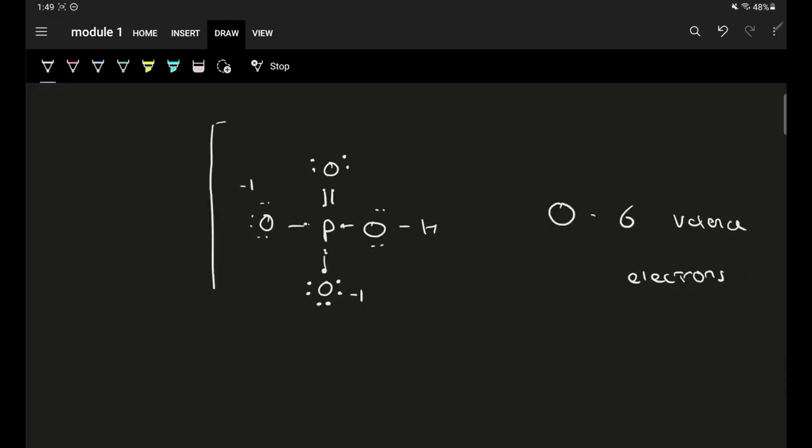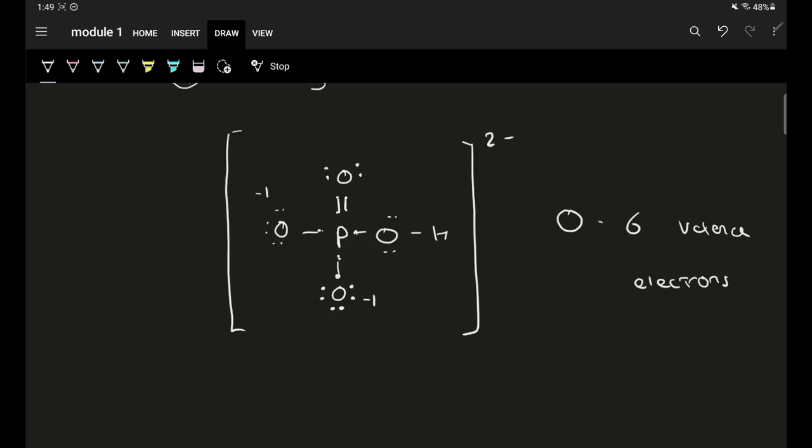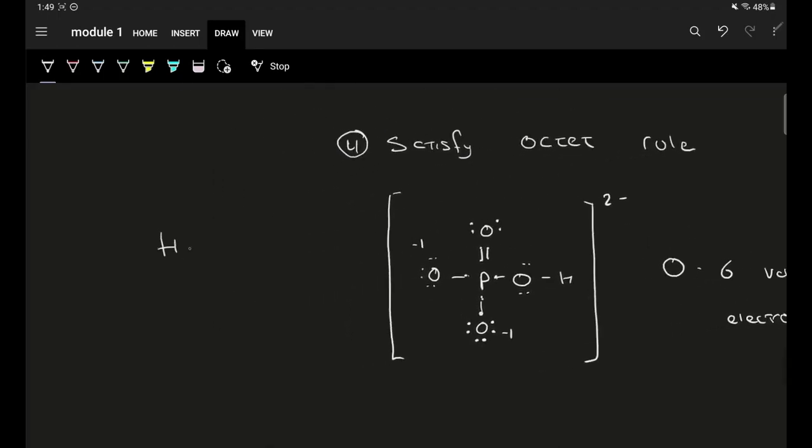And looking at the overall molecule, we can see this does match our formula, HPO4 2-. You can see this 2- comes from these 2 electrons here that bear a -1 charge individually.